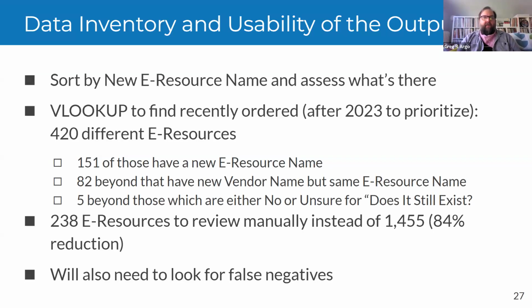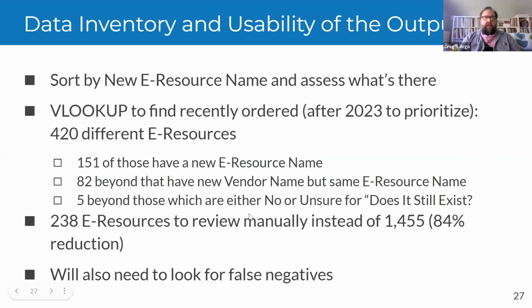So we figured out that there were 420 different e-resources that have been ordered between the end of 2023 and whenever that was in August. 151 of those actually had a new e-resource name. 82 beyond that don't have a new e-resource name, but have a new vendor name.